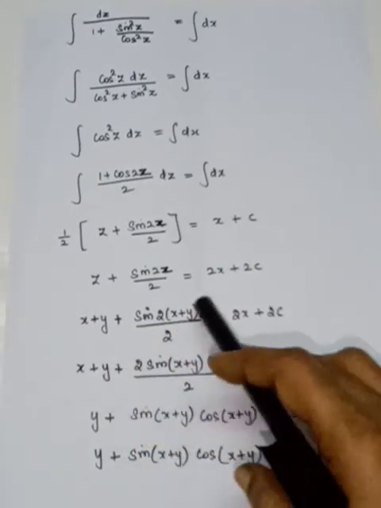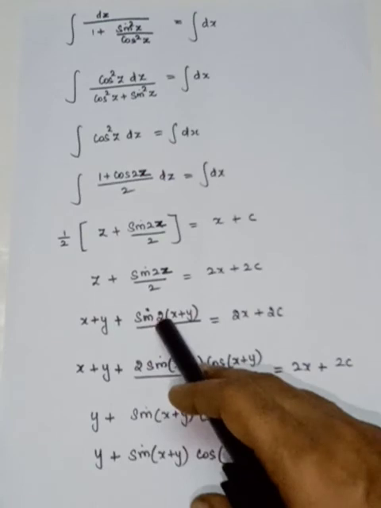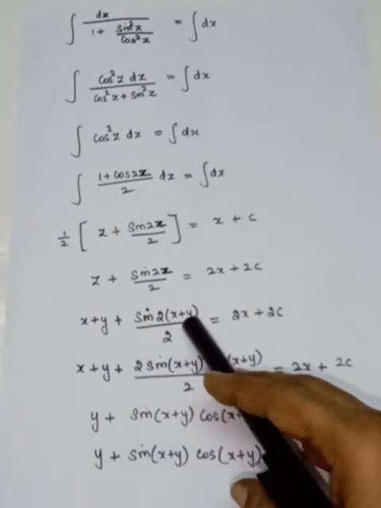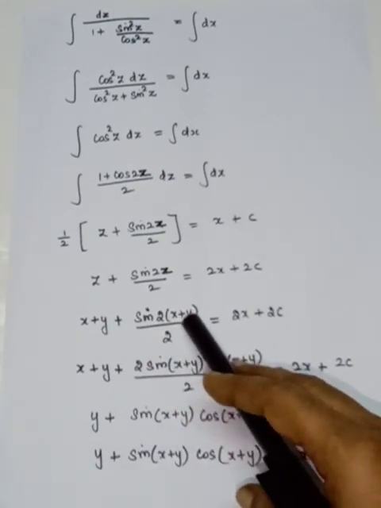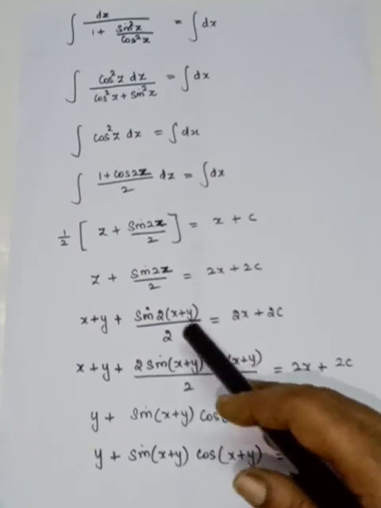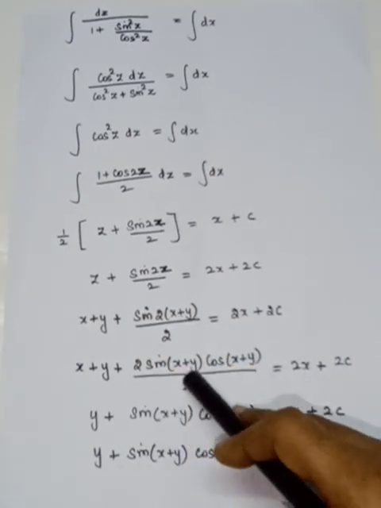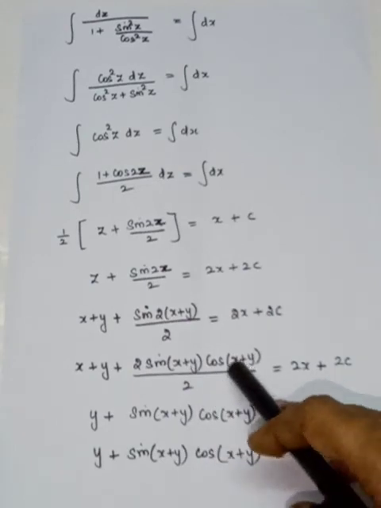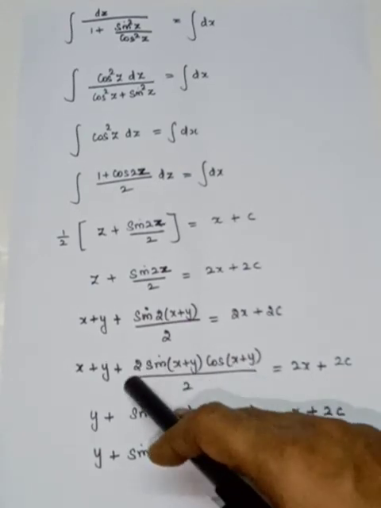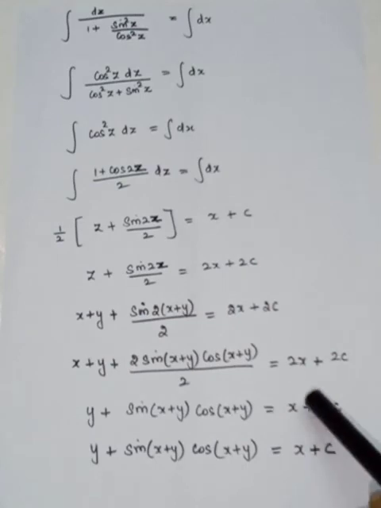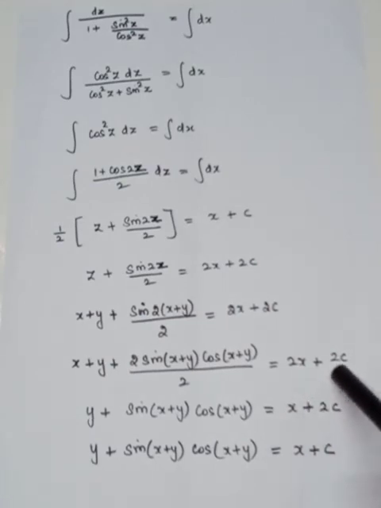So x plus y is in the form of sin 2x. The trigonometry formula for sin 2x is 2 sin x cos x. In the place of x, you have x plus y. So 2 sin x plus y cos x plus y divided by 2. This 2 gets cancelled. That is equal to 2x plus 2c.